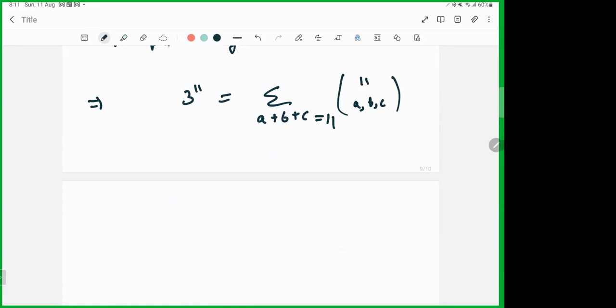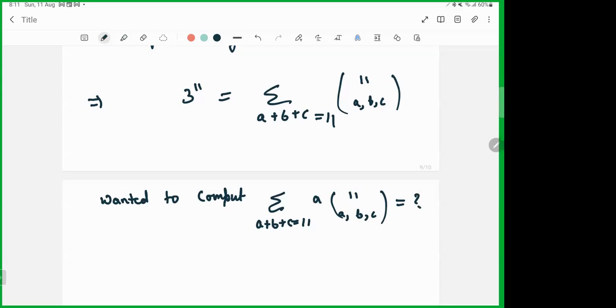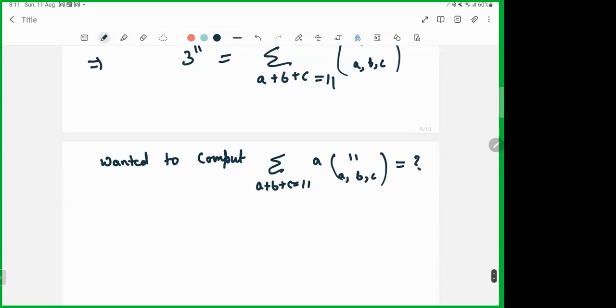But just now tell me. We have to compute this expression: the summation over a plus b plus c is 11 of a times 11 choose a comma b comma c. Abhishek, can you tell me how I should do this? I have given you this expression.